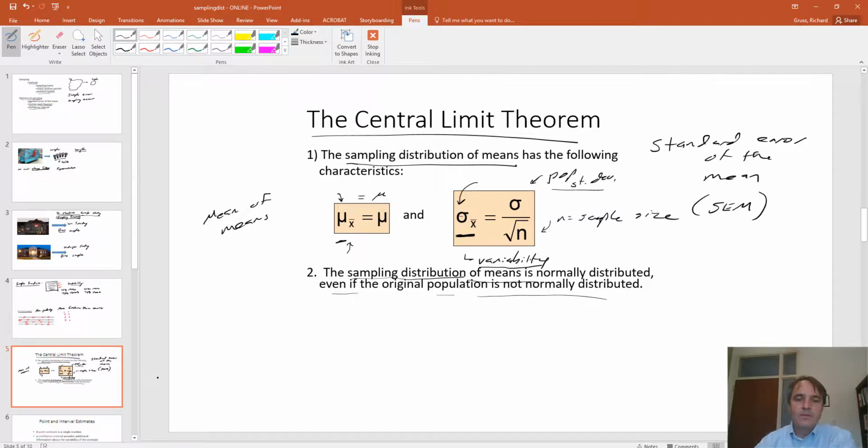The reason we care about this is that when we get into hypothesis testing, in order to draw a conclusion about a population parameter, we have to assume a normal. The central limit theorem lets us make that assumption safely, because even if the original population is not normally distributed, the sampling distribution will be.